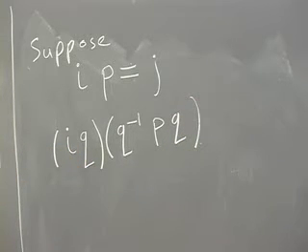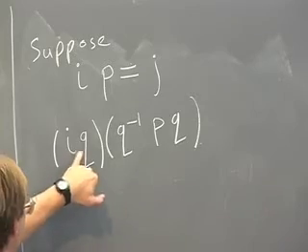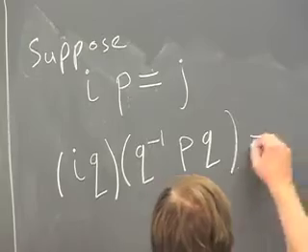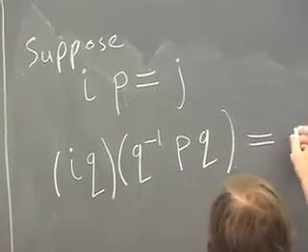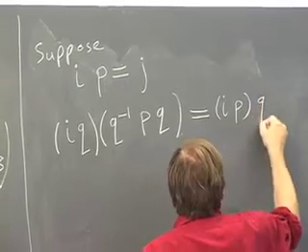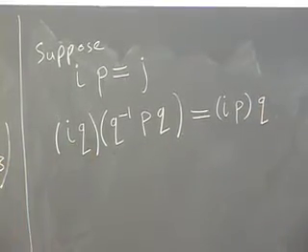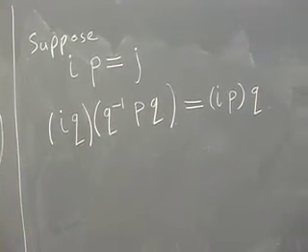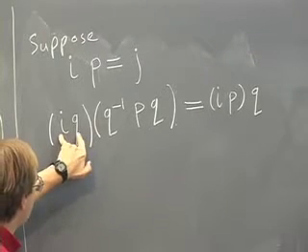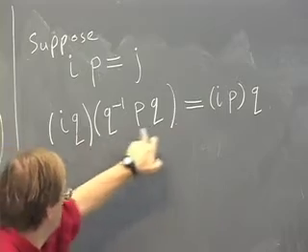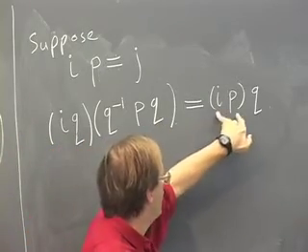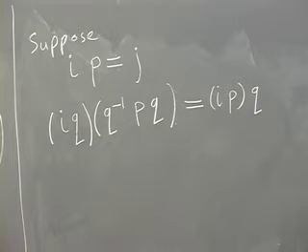Well, what is this product? The Q and the Q inverse cancel, so changing the order of the parentheses, this is I acted on by P, acted on by Q. So I acted on by Q is sent by this conjugate of P to the image under Q of I acted on by P. Okay?